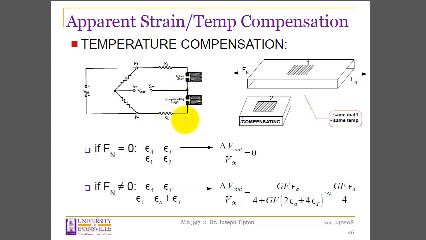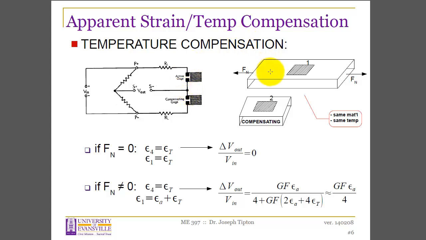We'll take arm 4 of the Wheatstone bridge, and we will replace that with an identical strain gauge, and we'll make that our compensating gauge. Well, remember there are 2 things we can control: where we place these gauges on the Wheatstone bridge, and then also their orientation on the actual specimens.